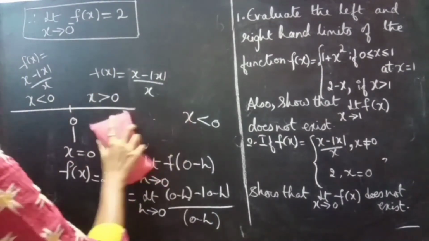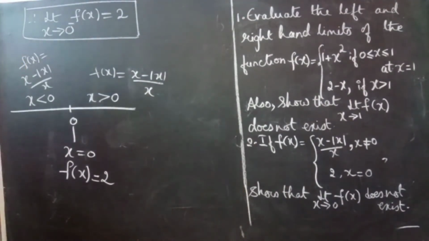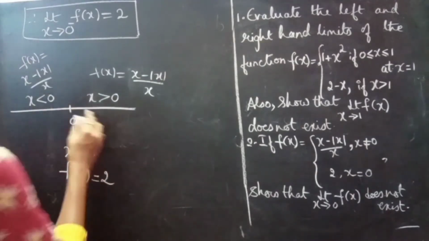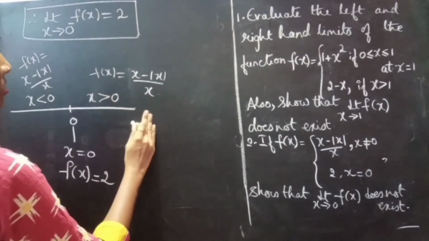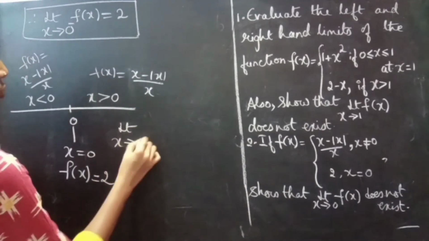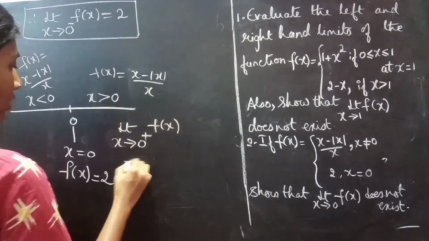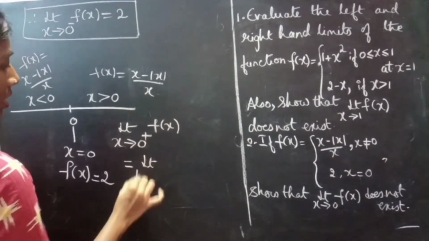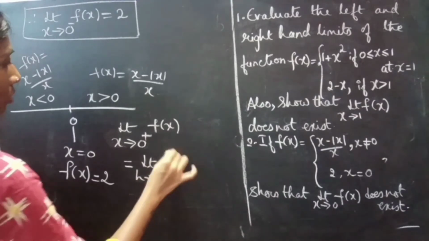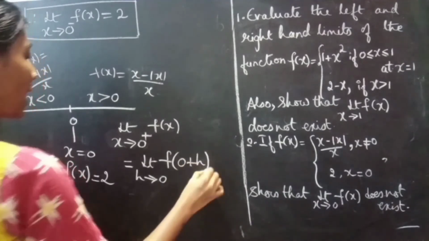Now we are going to find the right hand limit. Right hand limit is nothing but for x greater than 0. So limit x tends to 0 plus f of x equals limit h tends to 0 f of 0 plus h.